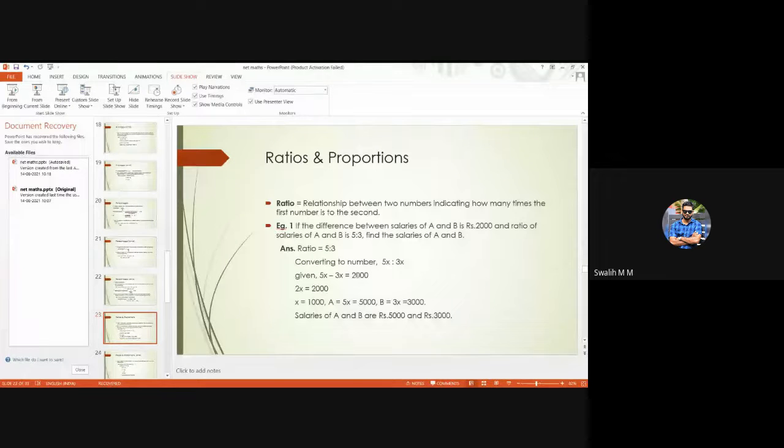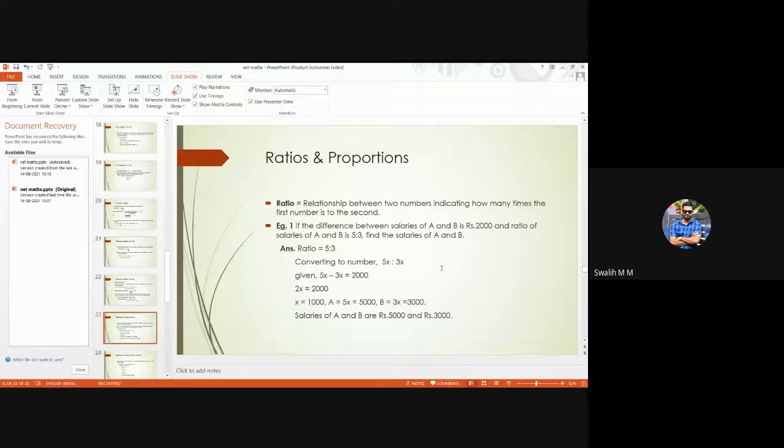That is given. If you know how to solve linear equations, by the way, this is very important. We studied it in 5th and 6th. If you know how to solve linear equations, you probably don't need most of the tips and tricks. You just put the values in linear equations, and it might take a little more time, but you can get the answer.